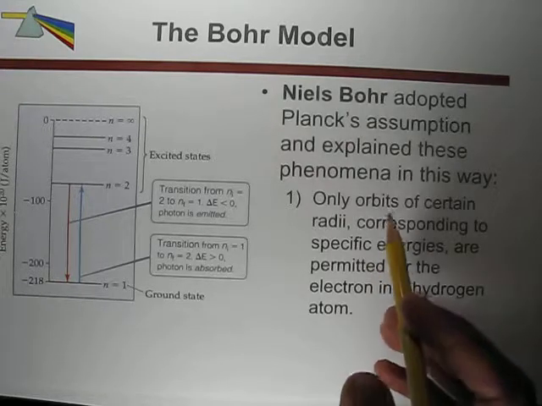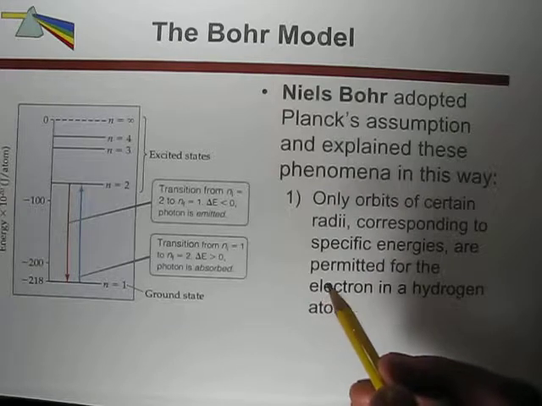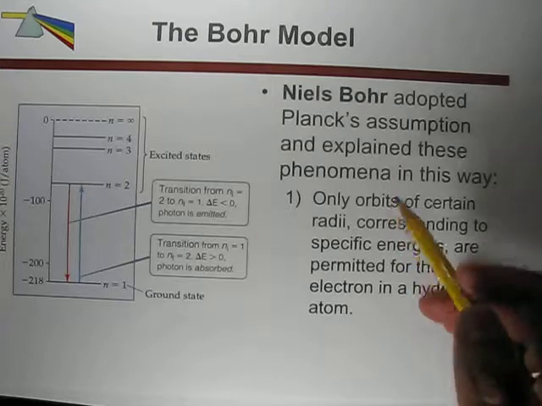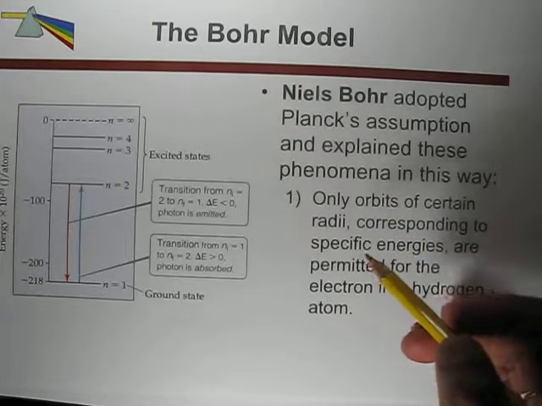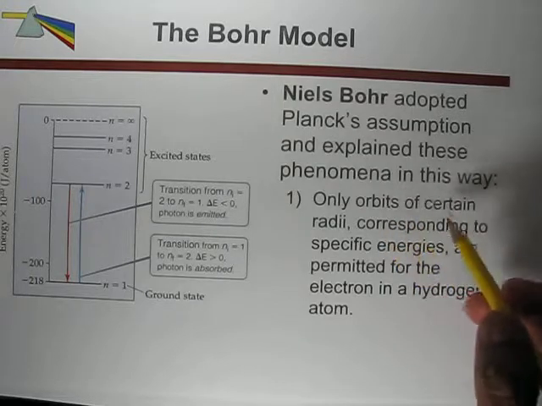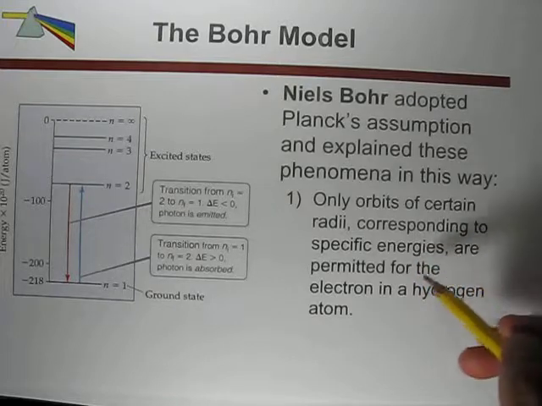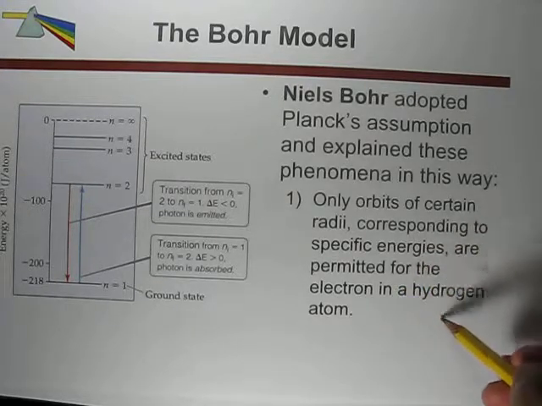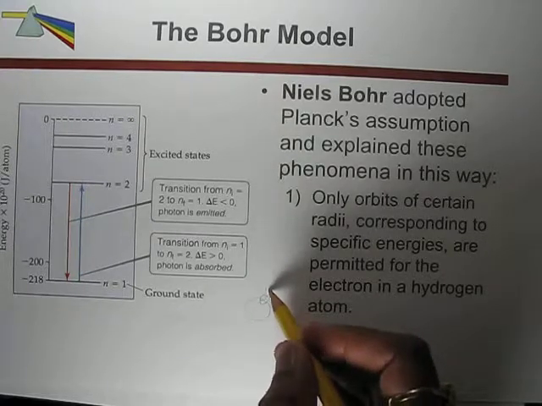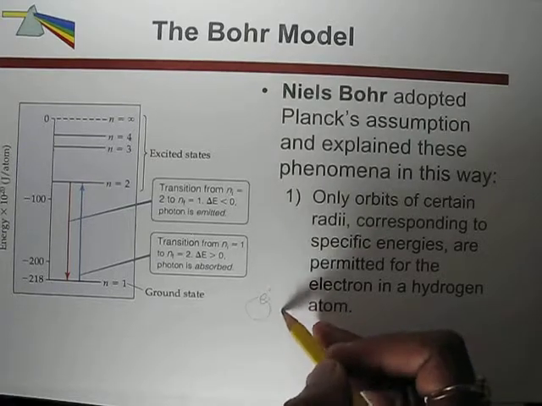So mainly the Bohr model tried to explain the line spectrum of hydrogen, and he said that there are certain orbits with fixed radii, and specific energies corresponding to them are permitted for the electron in the hydrogen atom. The hydrogen has one electron, and this electron has certain orbits.